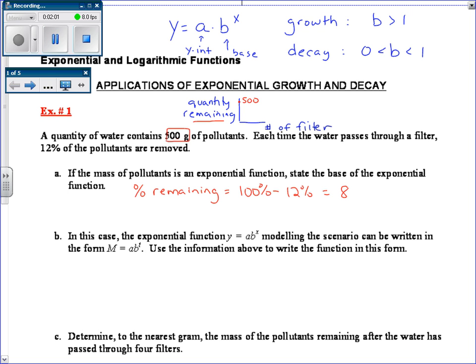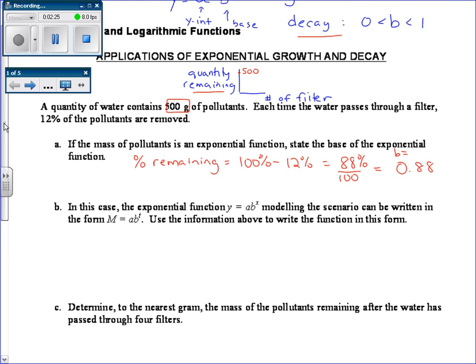And that gives you 88%. But we need that because this is decay, right? Because the amount of pollutants is going to go down each time. Then that base, or the value b, needs to be a decimal between 0 and 1. So we write our percent as a decimal by dividing it by 100. That means the base is going to be 0.88.